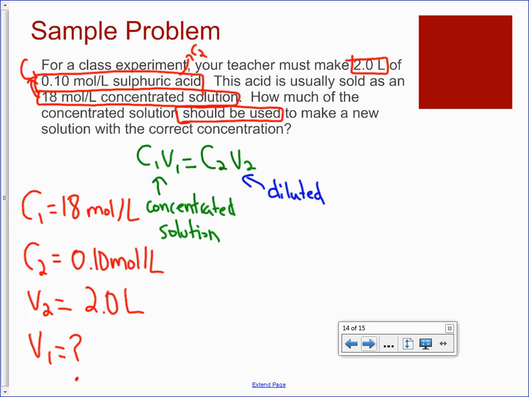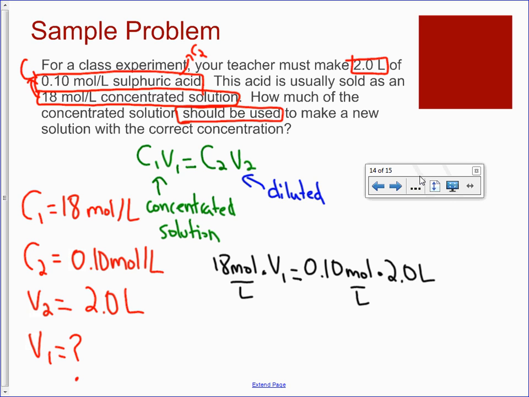We'll plug in, rearrange, and then solve. So we know our C1 in this case is 18 moles per liter. V1 is what we're trying to solve for. We know our C2 is 0.1 moles per liter. We know our V2 is 2.0 liters.